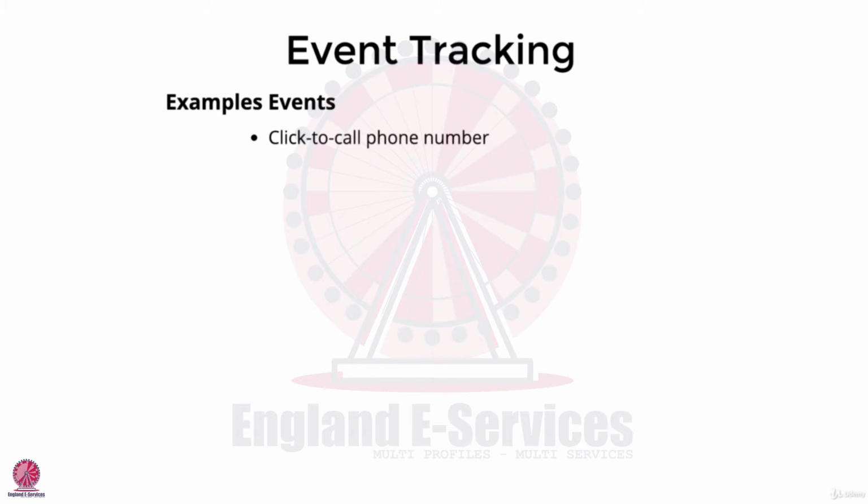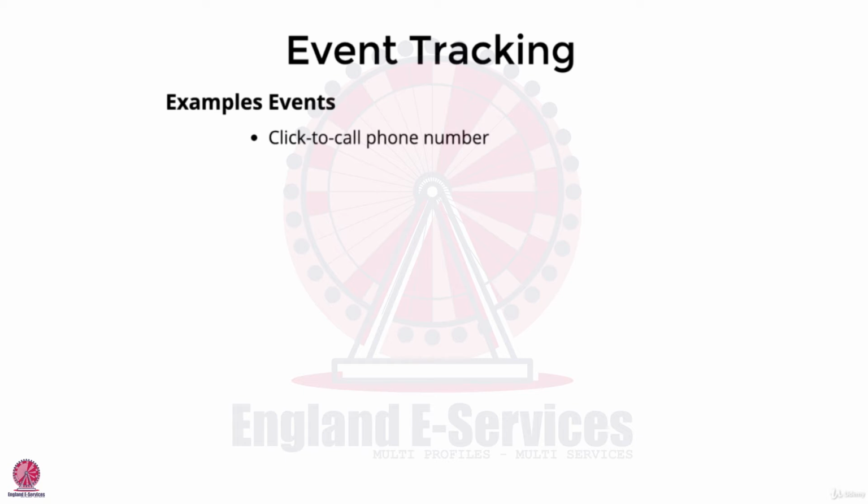Normally with Google Analytics we cannot track this, because when they click on that phone number, it'll just open up their phone and they'll dial straight away. Obviously, we don't have our Google Analytics installed on their phone, so there's no way that we can track that. And also, when they click on that link, they don't go to a thank you page that we could track like we normally do with goals in Google Analytics.